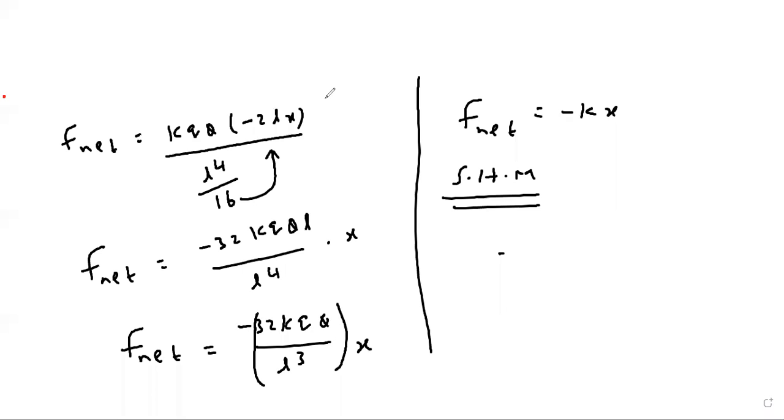Okay, so once again I am writing here to calculate the time period. What we got, that F net is equal to minus 32 KQ capital Q by L cube into X, right? This is our F net value.